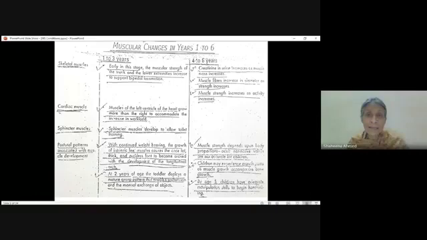And when this height gain occurs, these children might feel some growing pains because suddenly the muscles are growing, suddenly the bones are growing. And due to this, yes, sometimes these children experience growth pains.